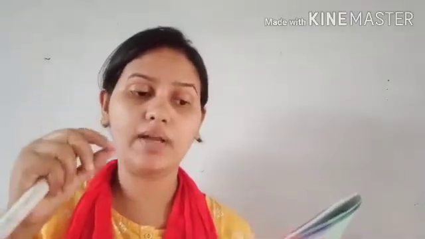Now students, the first one is you get up early in the morning, at 6 a.m. So you can see this clock shows the time of 6 a.m. We can see the red one and the blue one show the minute and the hour, known as clock hands. One shows the minute and one shows the hours. So let's start.